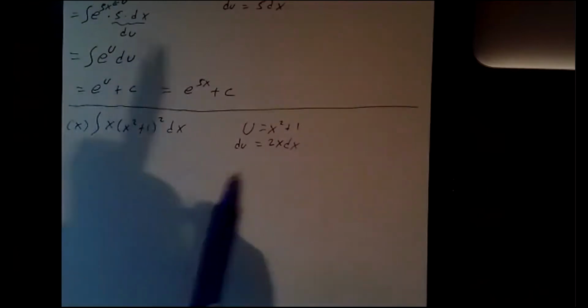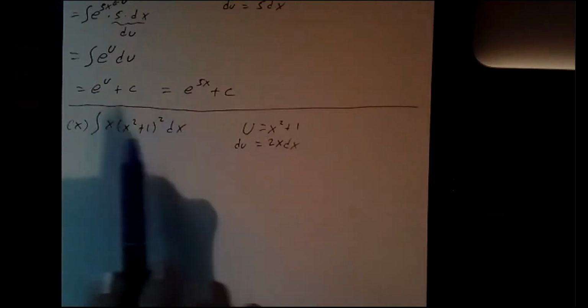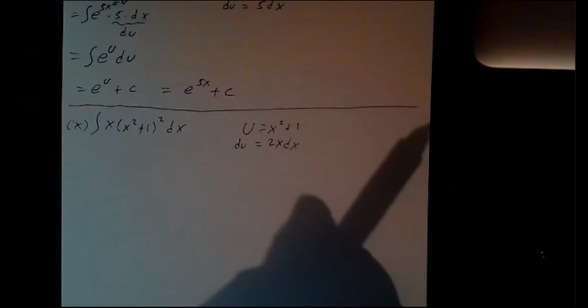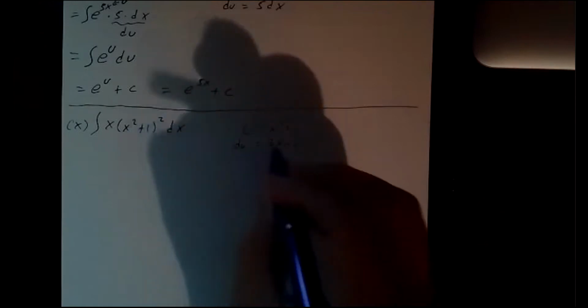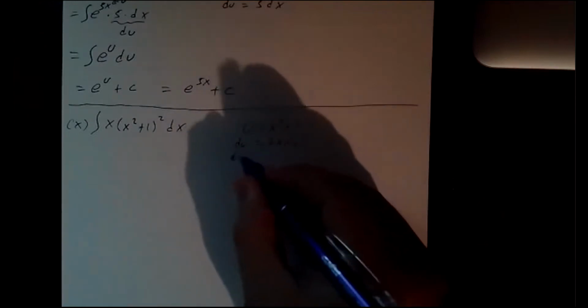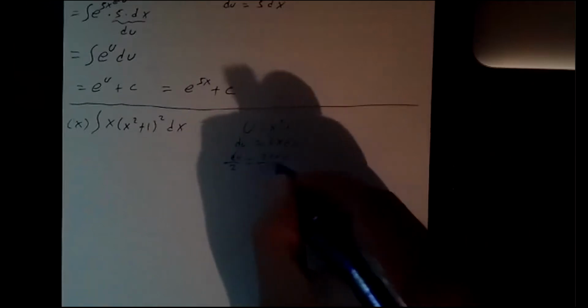Correct. We have x dx, so I can't substitute du because I don't have a 2. So that 2 is messing it up. So what you have to do is divide both sides by 2 to get rid of it, because it doesn't exist in the question.